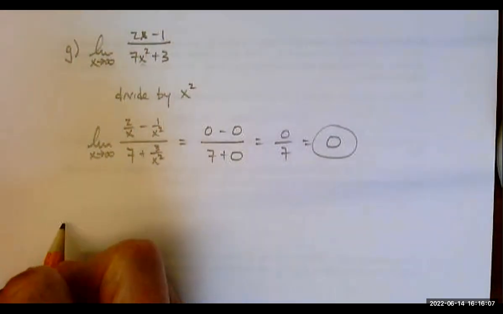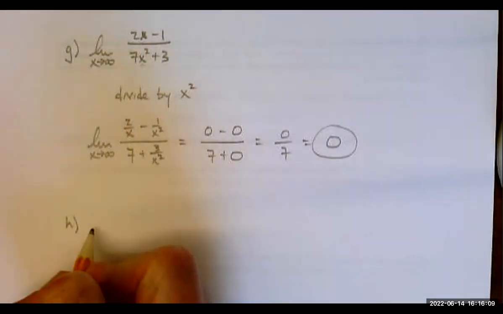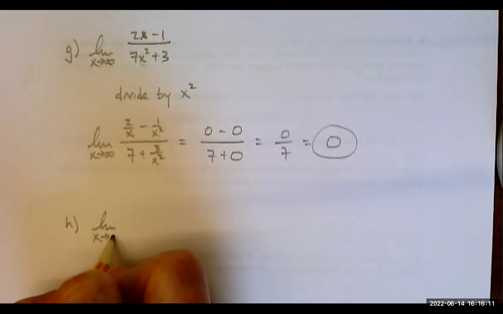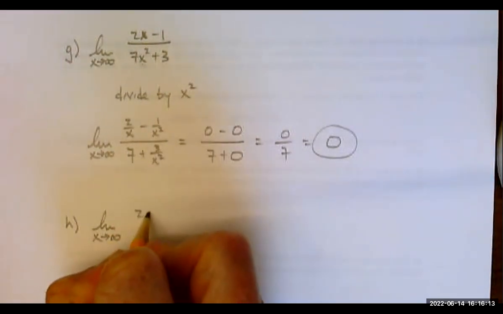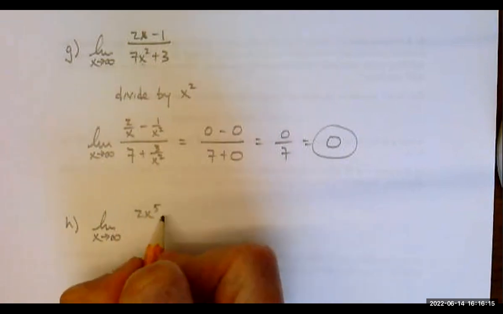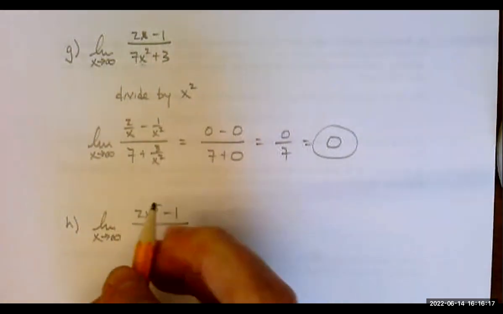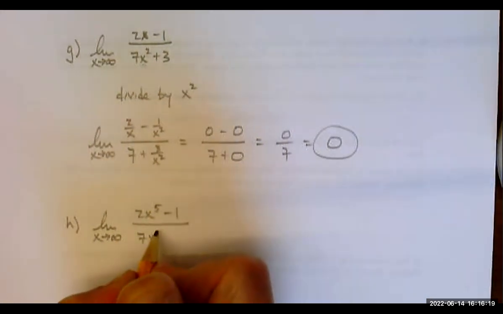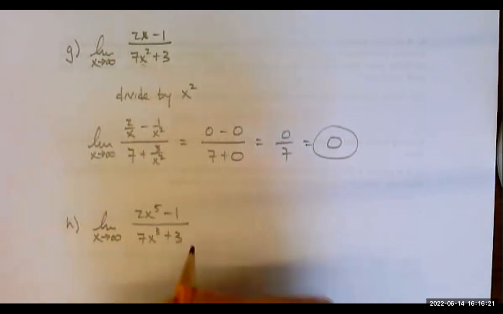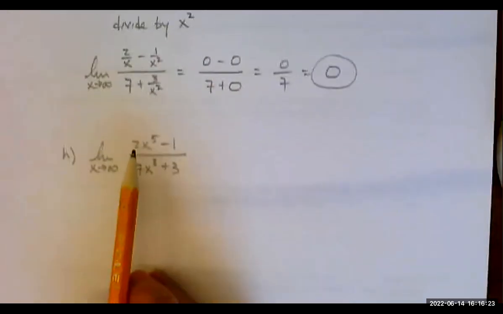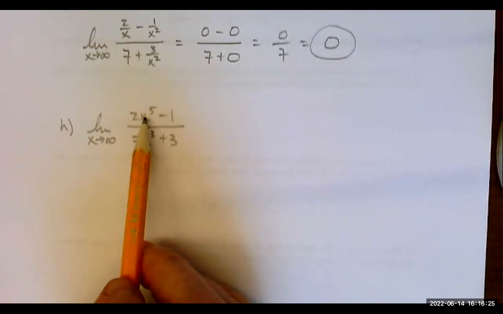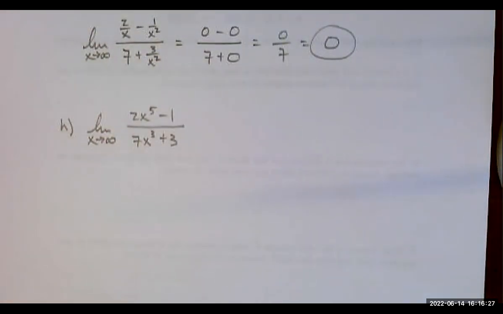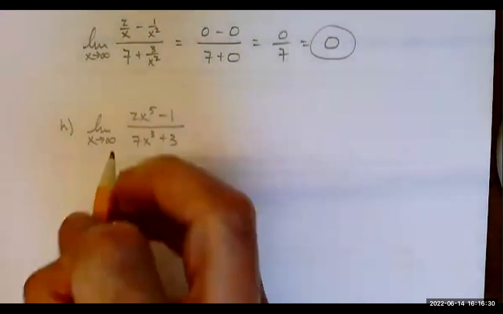Let's look at one more of these, part H, the limit as x approaches infinity of 2x to the 5th minus 1 over 7x cubed plus 3. In this case, we've got the larger power of x in the numerator. Let's see what happens.